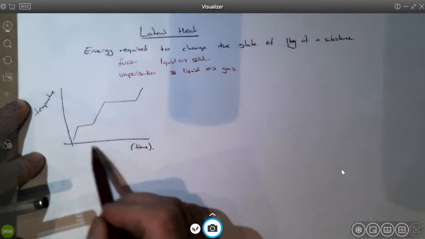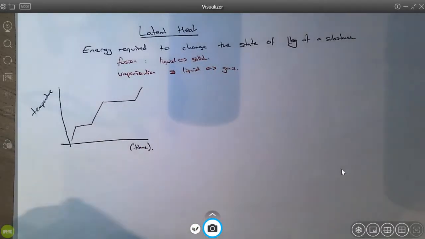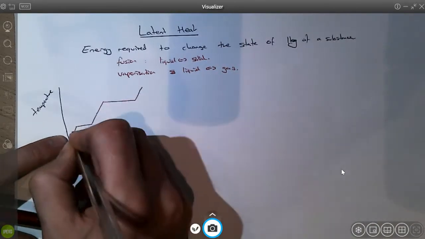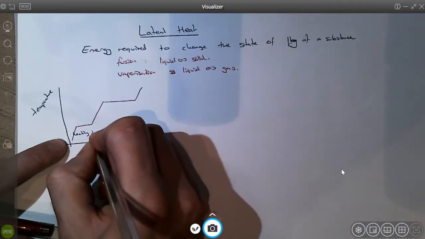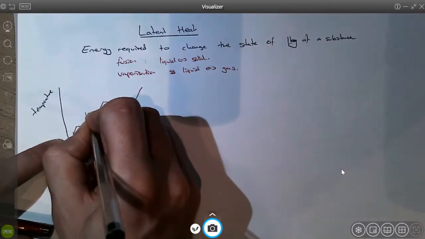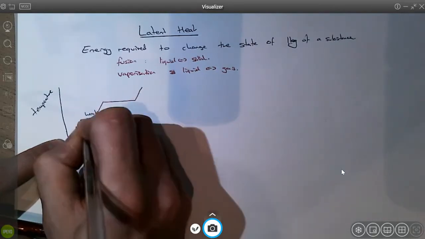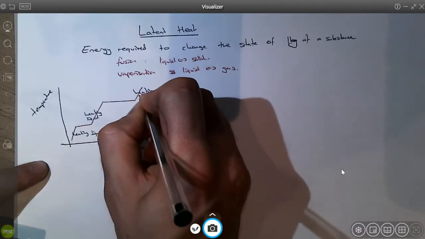Students will have seen this in year 9 and possibly also in year 7 and 8 as well. So we've got these parts here where we're heating. So we're just heating a liquid. Here we're heating a solid, down there, heating a liquid here and heating a gas.